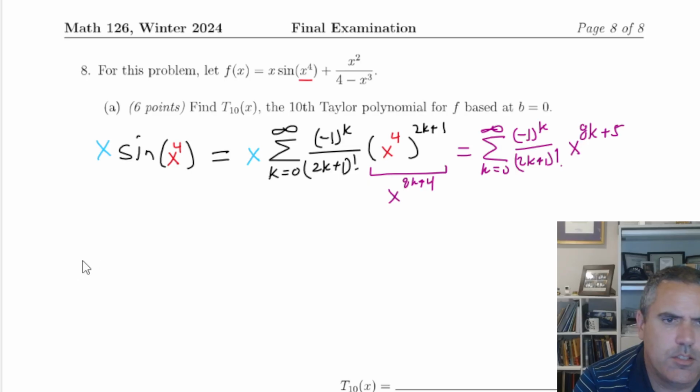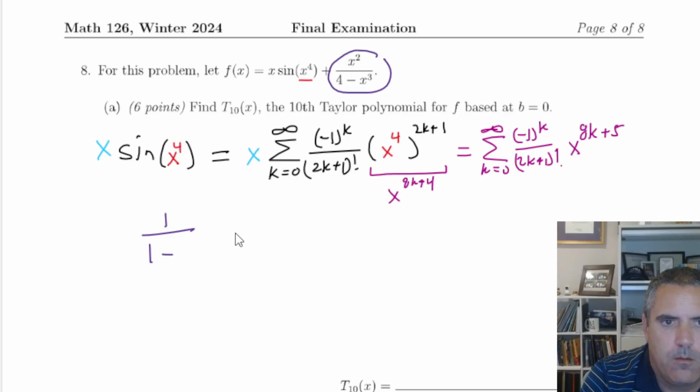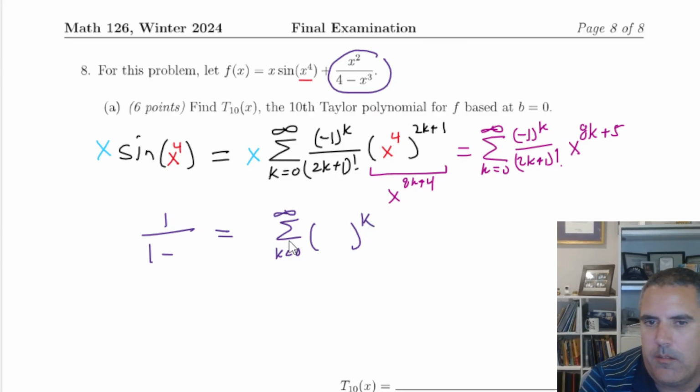4 minus x cubed. So I would like to factor out this. So I'm going to use the following series, which looks like this. That's the pattern we know. But I need to think about what goes in that slot.